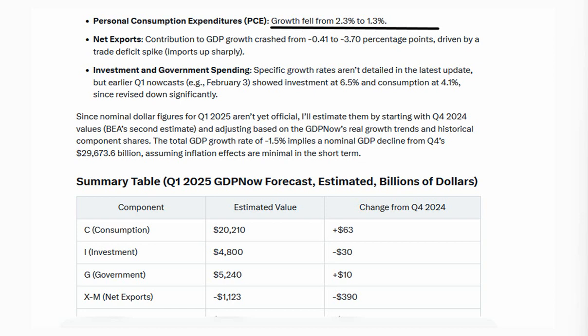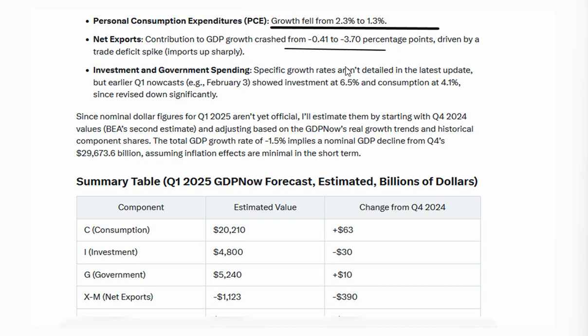But the biggest driver of the collapse in the GDP number is net exports. And this measures the difference between the exports and the imports. The GDPNow forecast is now estimating that net exports will crash from negative 0.41 to negative 3.70 percentage points, driven by a trade deficit spike.